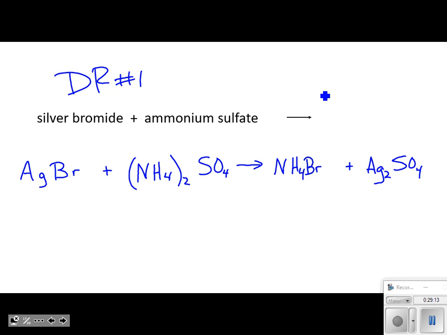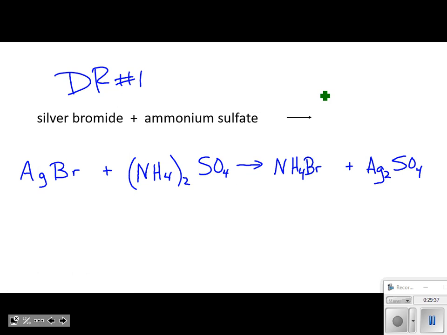Now, does it matter what order I have those in my products? It doesn't. I could have the silver sulfate first, I could have the ammonium bromide second. It doesn't matter what order I have them in.